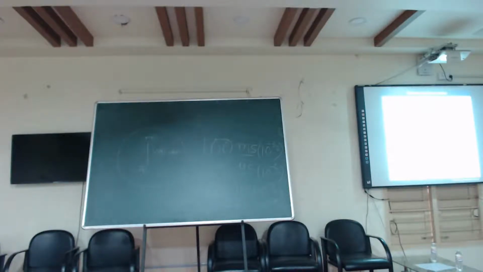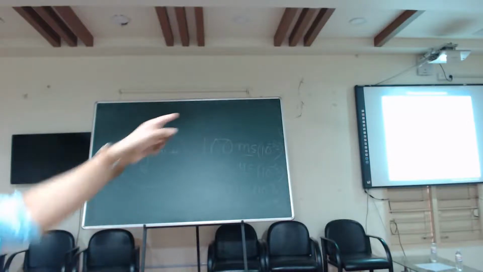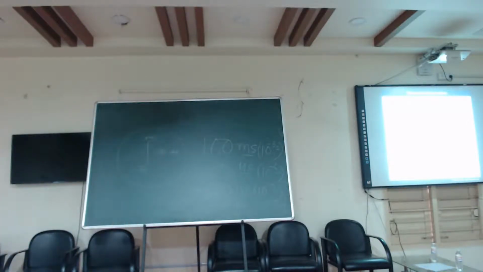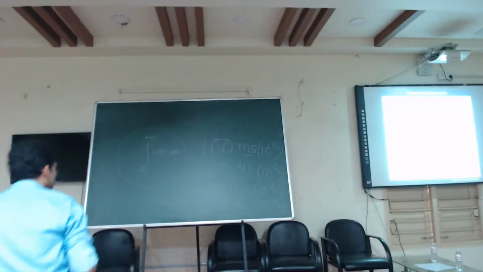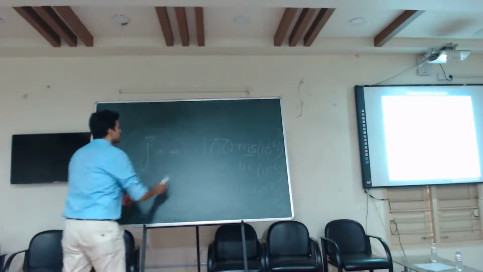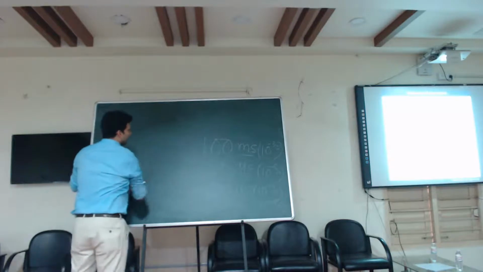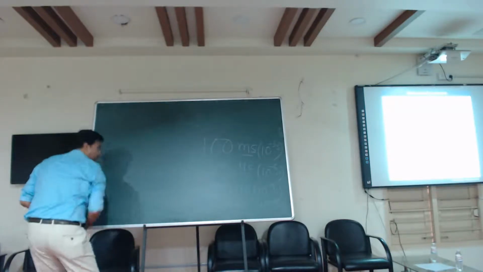So, for femtosecond pulses, this delta nu, technically it is called bandwidth. Bandwidth, what does it mean? The spectral width. So, I'll draw it this way. I have a source.